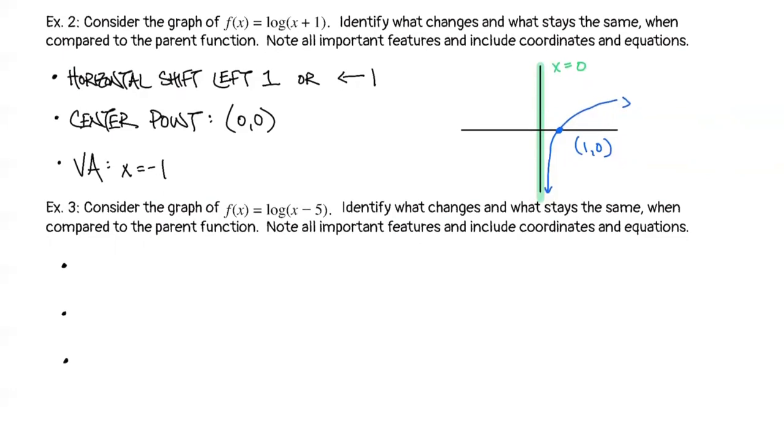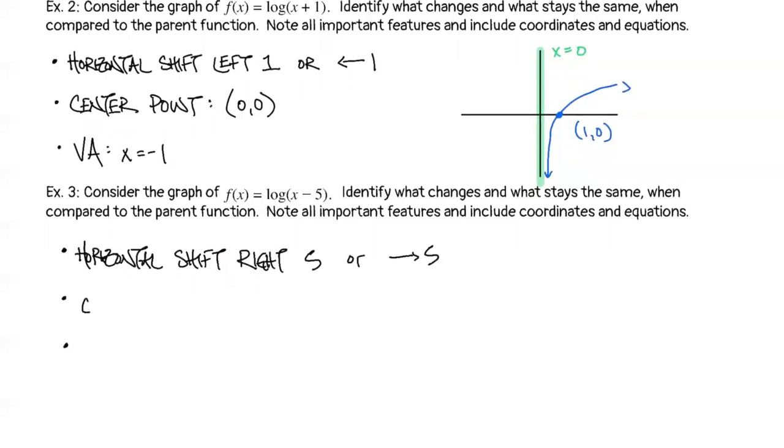All right, I see a horizontal shift to the right 5. So you could say that, or you could draw an arrow to the right and write the number 5, and that would be absolutely fine. So you have choices. You don't have to write out that many words, but you do have to show me a little bit of that thinking.